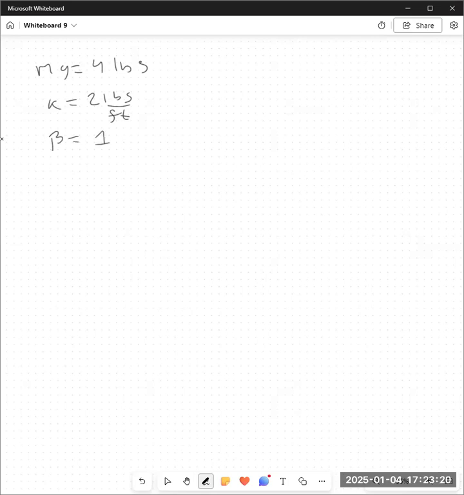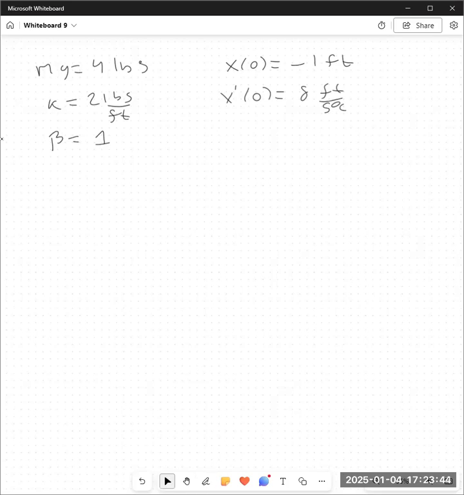So that means that my beta is equal to 1. The mass is initially released from a point that is 1 foot above equilibrium with an initial velocity of 8 feet per second downward. So that's a positive 8 feet per second. Determine the time at which the mass passes through equilibrium.